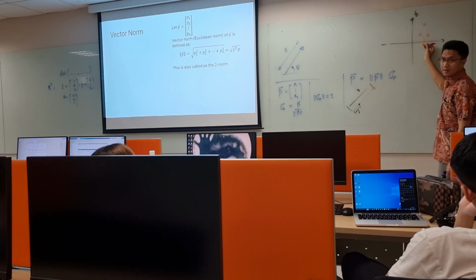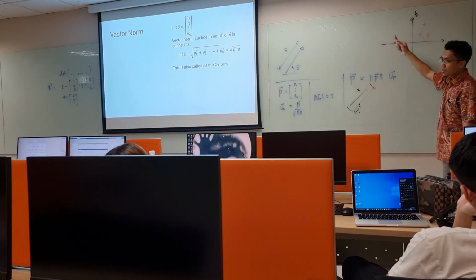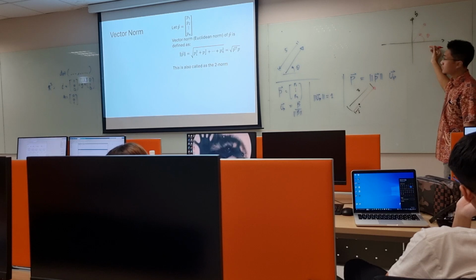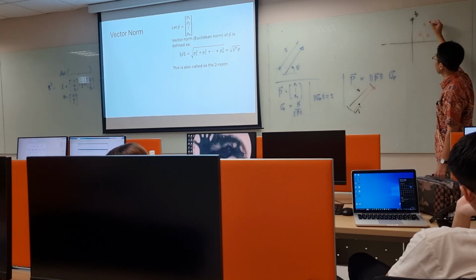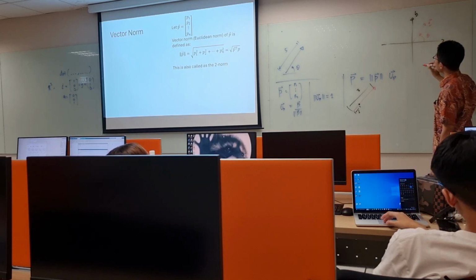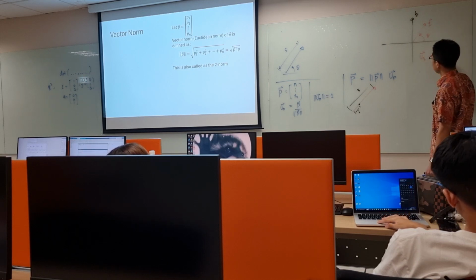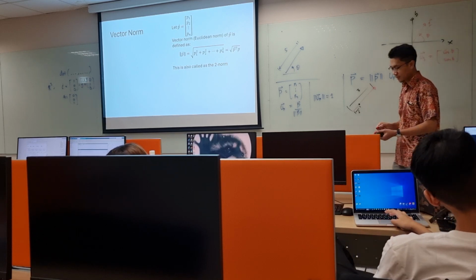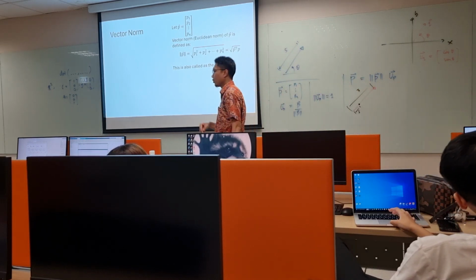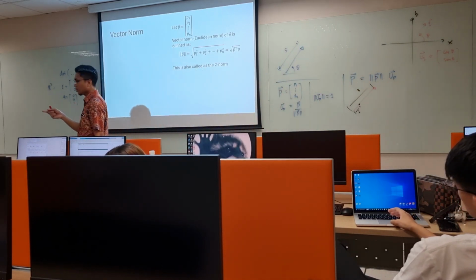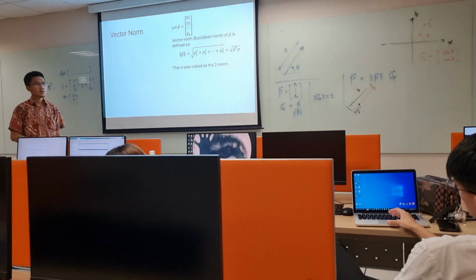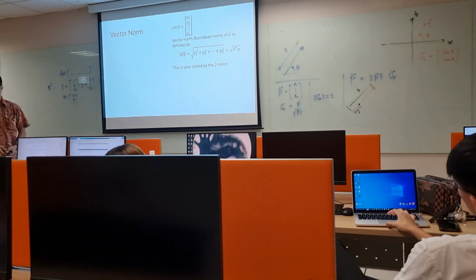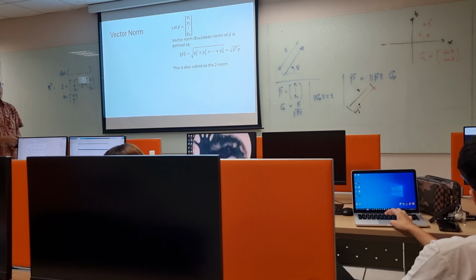Theta is computed anti-clockwise from positive x. And then this is vector q. The unit vector of q is cosine theta, sine theta. Easy. For any theta from 0 up to 2 pi, we use that. That's the unit vector.